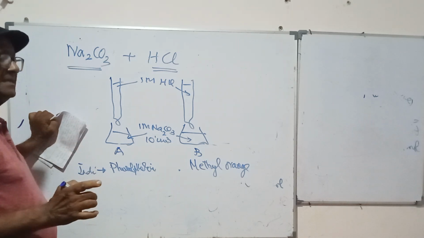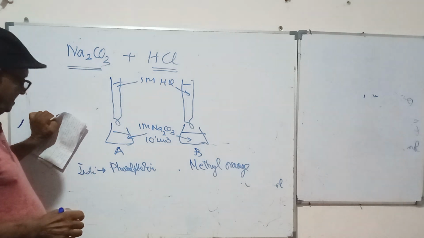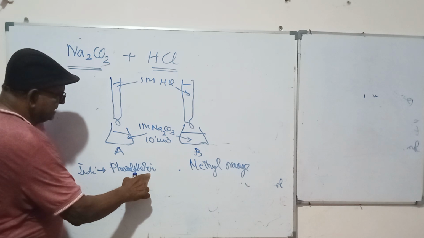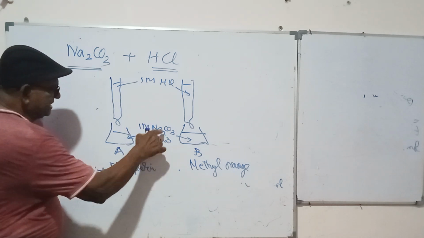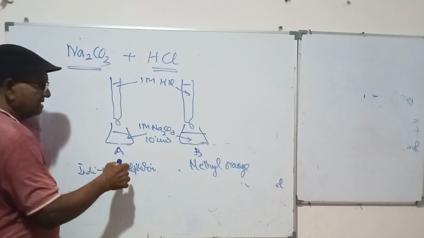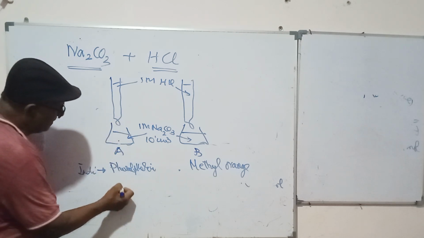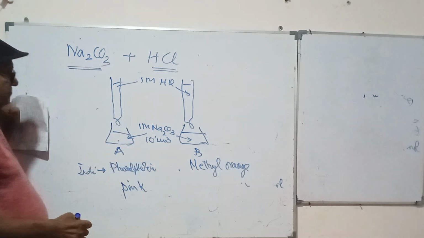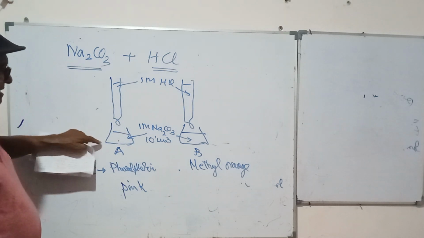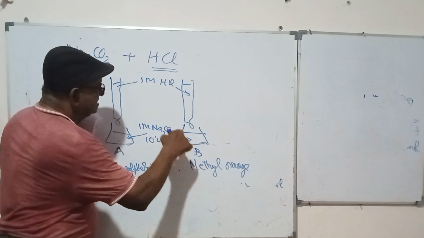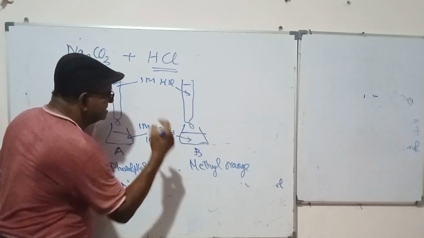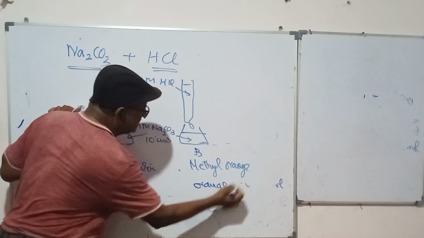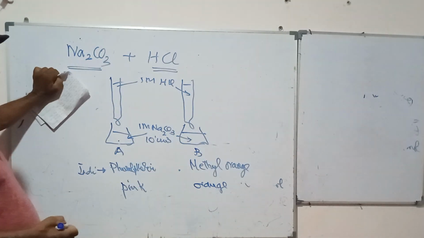Only difference is indicators. If phenolphthalein is added to the sodium carbonate, it is basic, so it gives pink color. Initially pink. Methyl orange, it is basic, gives orange color initially.